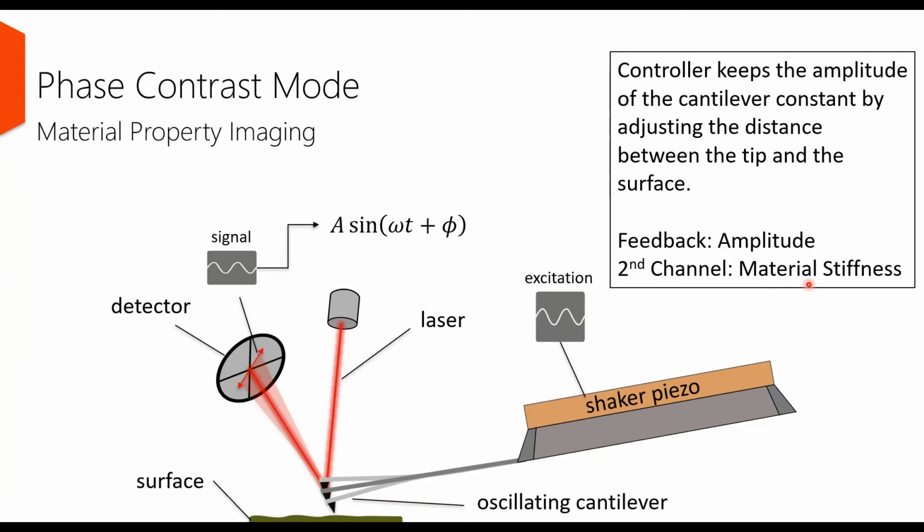So we get two measurements at once: the metrology, the Z, the topography, and we also get how stiff different materials on the surface are compared to one another. Now it's a qualitative technique. We'll be able to see some materials are stiffer and softer, but we won't really be able to tell what exactly the stiffness of the material is.